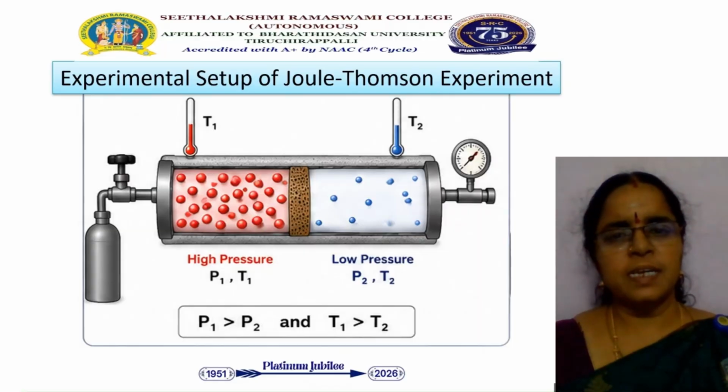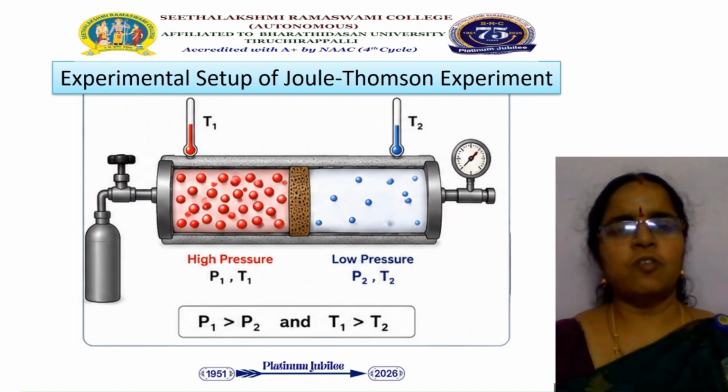Let me discuss the experimental setup for the Joule-Thomson experiment. The apparatus consists of a well-insulated tube divided into two compartments by a porous plug made up of silk or cotton. The left-hand side contains the gas at high pressure P1 and temperature T1.